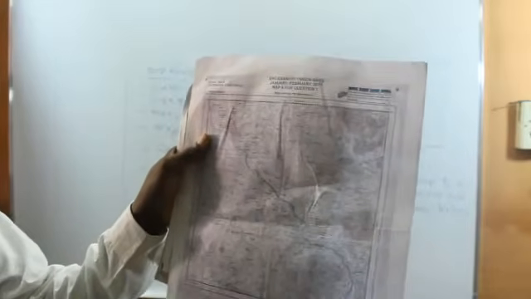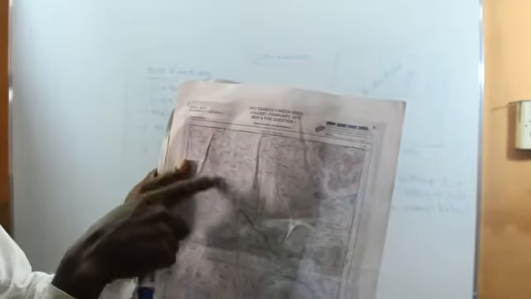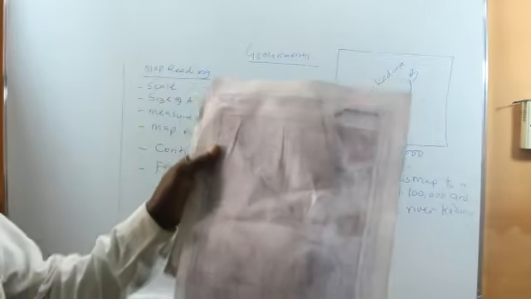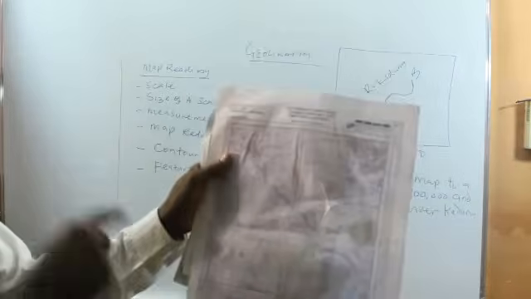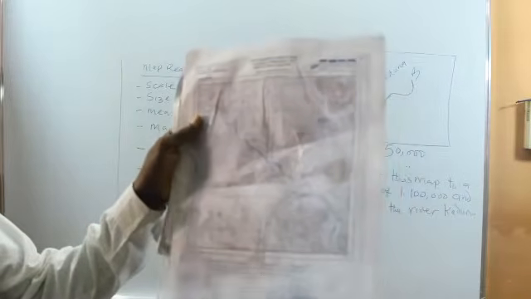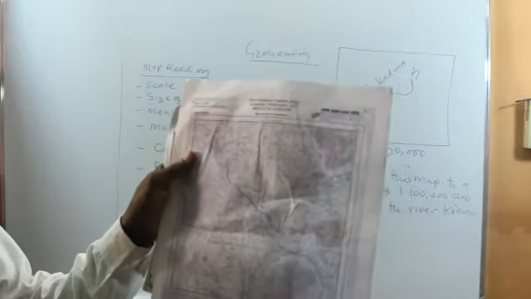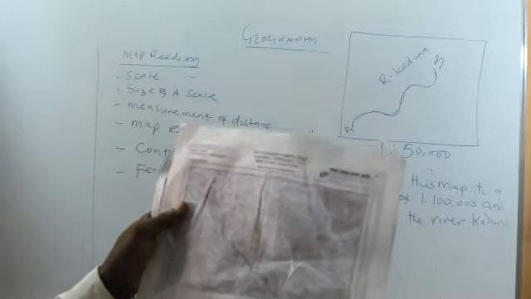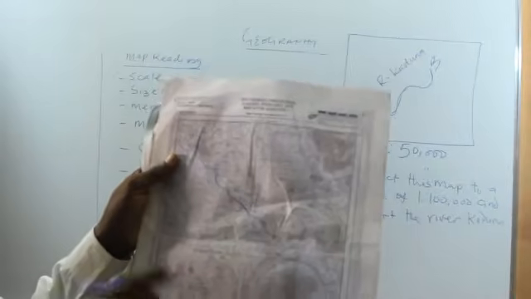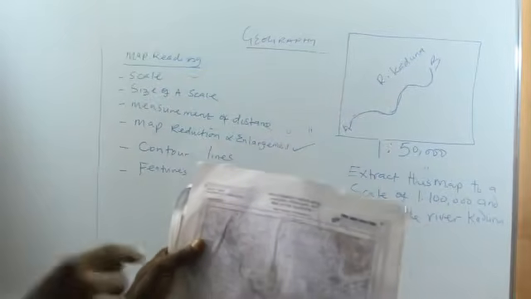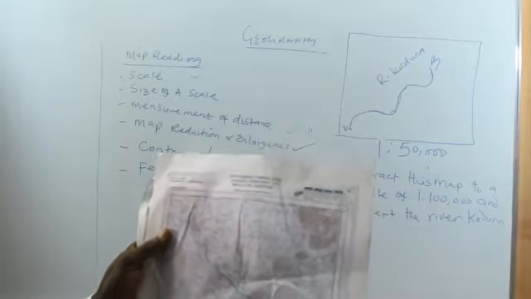Now, you are asked to extract this map to a scale of 1:100,000 and insert this river in your new map. So what you should know first is that immediately this question is given, this map becomes your old map. The map that you are going to produce now is your new map. Number one, the scale of this map becomes your old scale, while the scale you are given, 1:100,000, becomes your new scale.